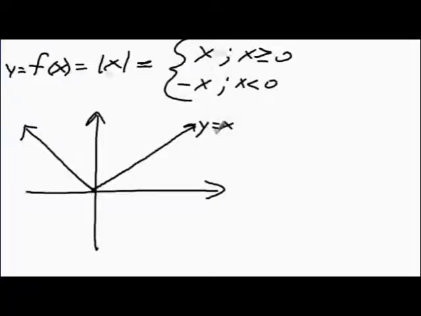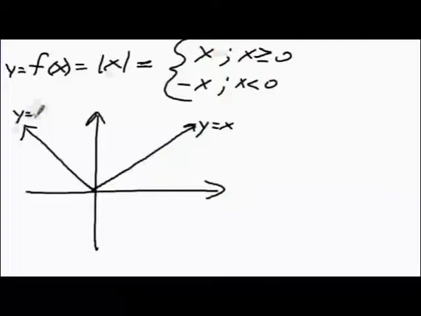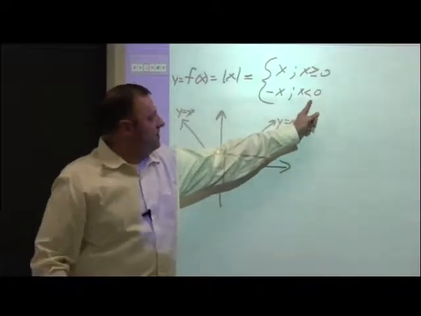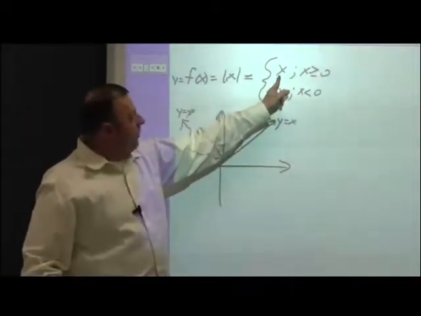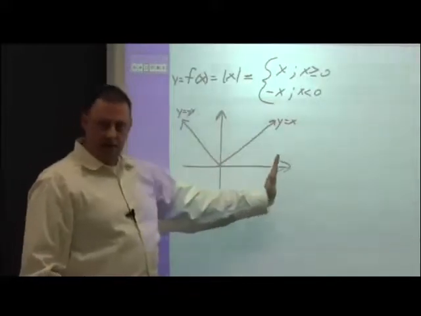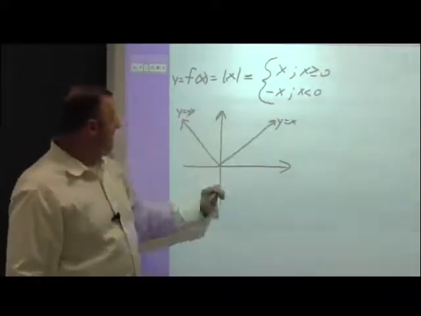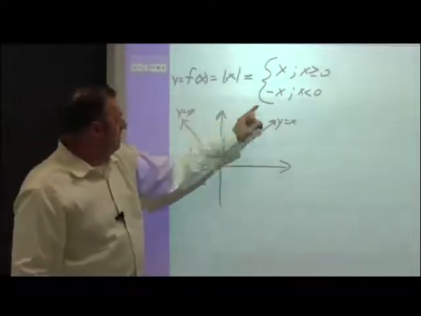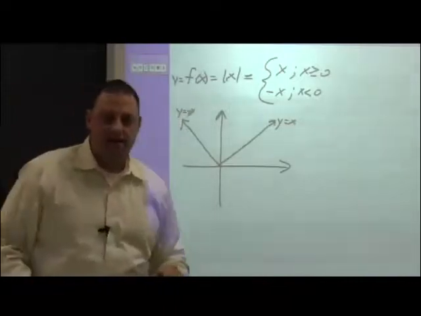And then you can look at it as y equals negative x. And these conditions, x greater than 0 or x less than 0, those are your domains. So for x greater than 0, you're going to have y equals x. That's this side. These are values of x greater than 0. To the left side of 0, when x is negative, you're going to get y equals negative x. I'm just trying to explain how and why you can write the absolute value of x as a function of x.